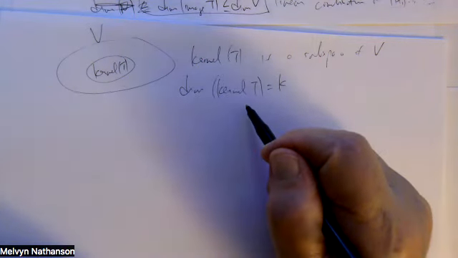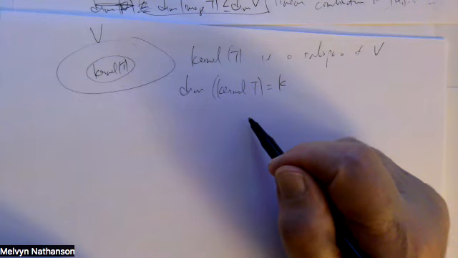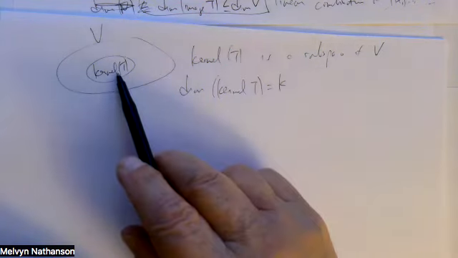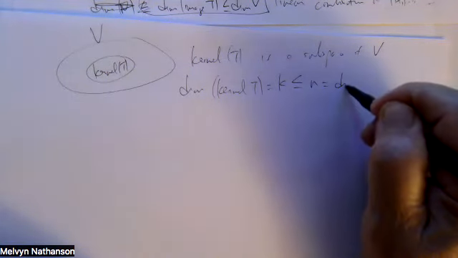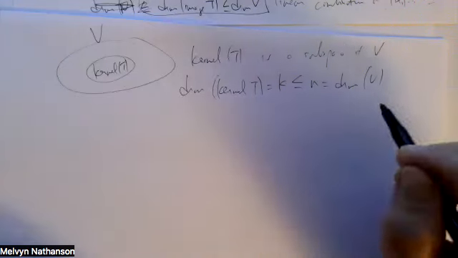The dimension is the number of vectors in the basis. A subspace has dimension less than or equal to the dimension of the larger space. So if the dimension of the kernel of T is k, that's some number less than or equal to n, which is the dimension of V.